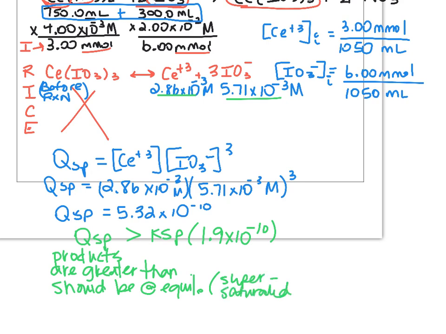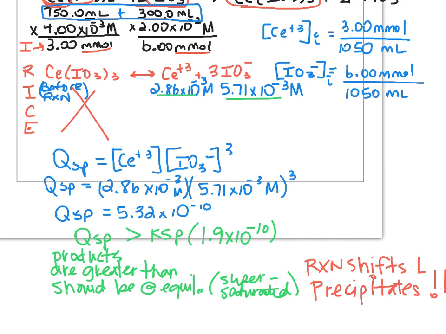And so in this case, if I'm supersaturated, the reaction shifts left, to actually convert some of those ions back into solid, which means it will precipitate, or it makes precipitates and settling more solid on the bottom.